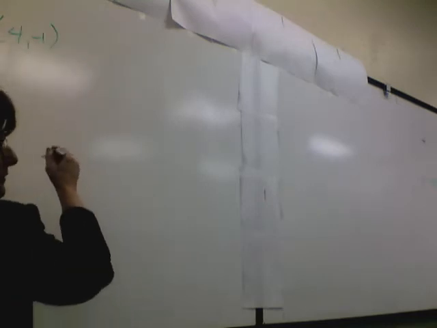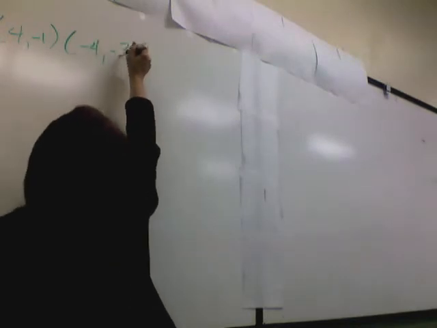Okay, number 28 on your test review is another one that has 2 points. So you need to find the slope first. What are the points? 4, negative 1, and negative 4, negative 3.